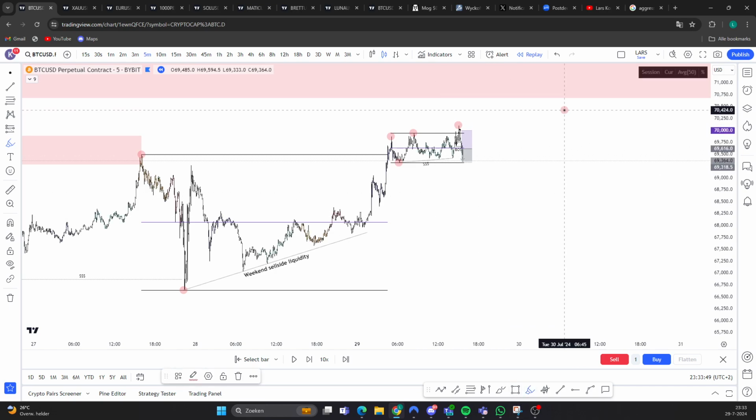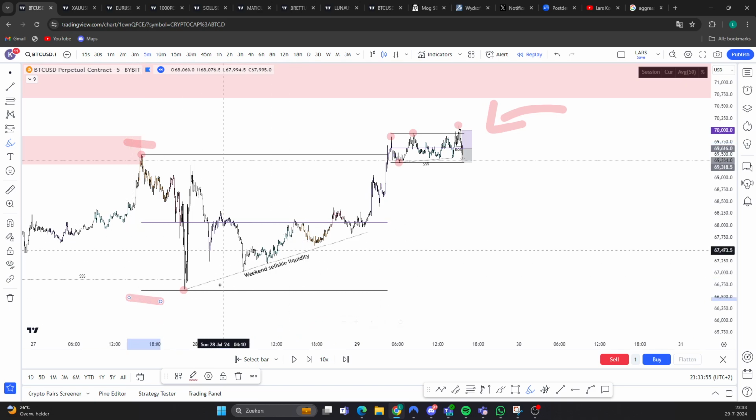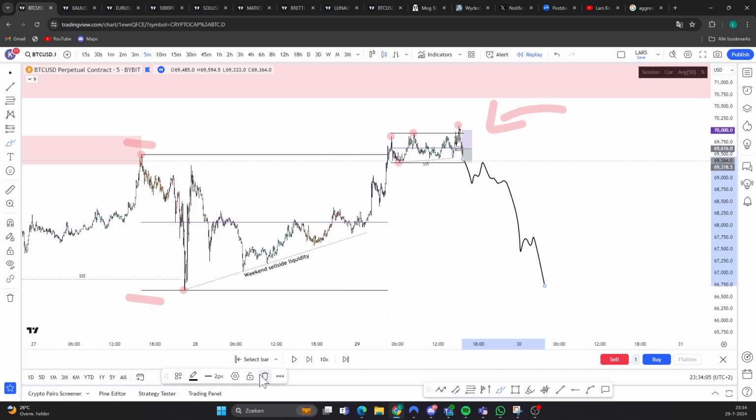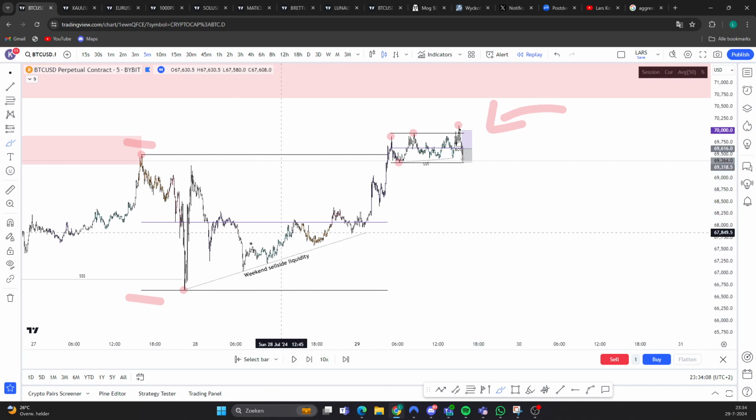So this whole move can just be a range deviation of this bigger range, where this is your range high and this is your range low. And within the range, we have a lot of sell side liquidity. So this could break down from the range, then get a back test and potentially have that range rotation down, because we have all those sell side liquidity weekend lows waiting for us lower.